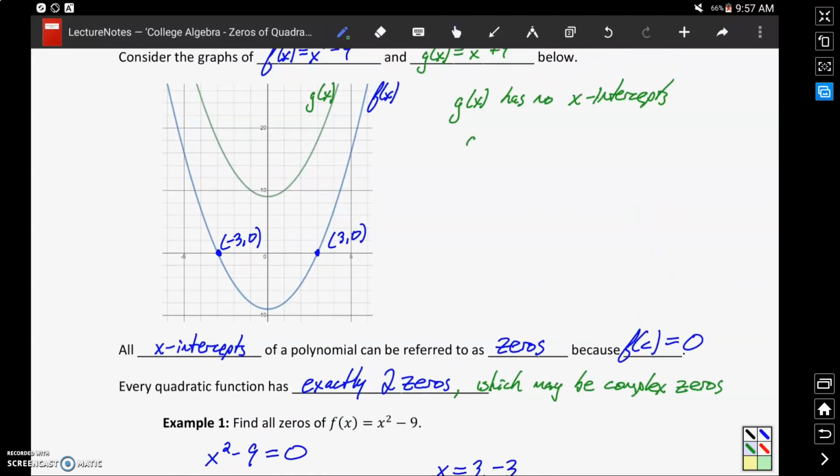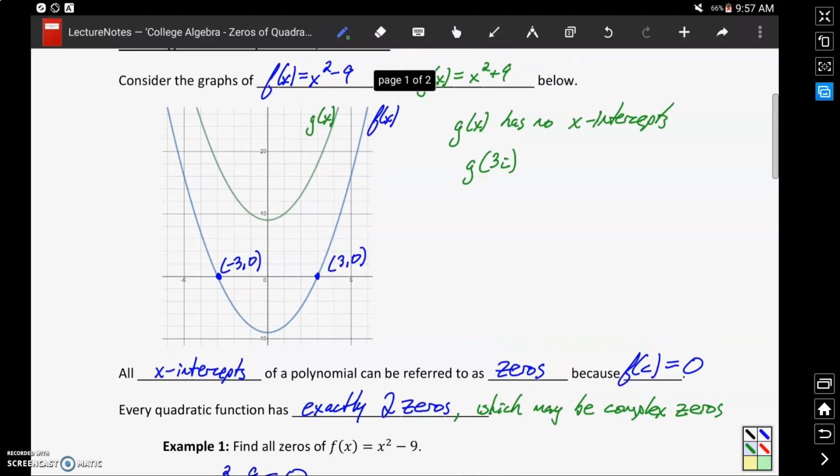And what we can see by plugging in the values that we found below, if we were to plug x equals 3i into our function x squared plus 9, we would get that quantity 3i squared, where keep in mind that i squared is equal to -1.